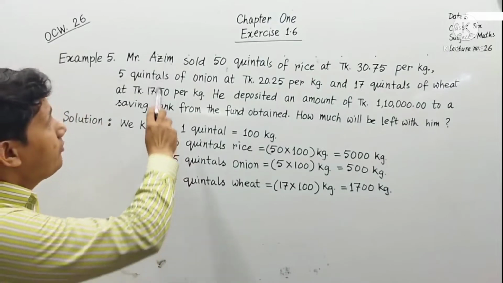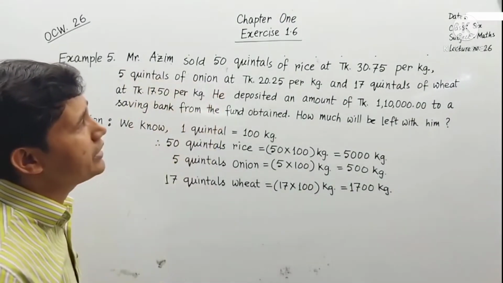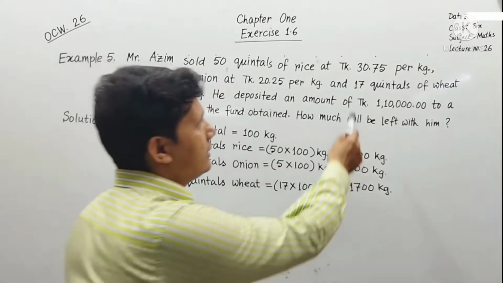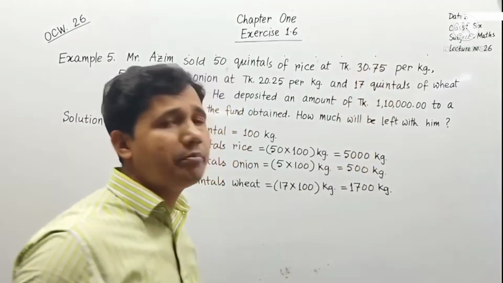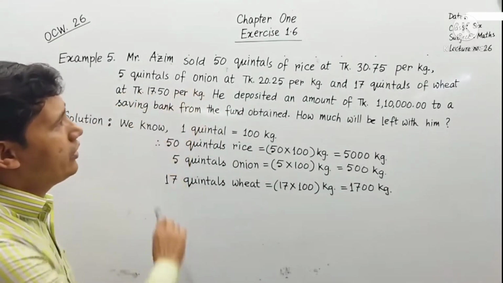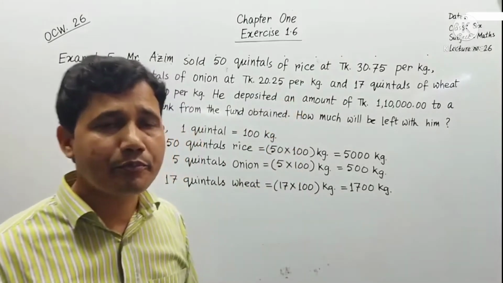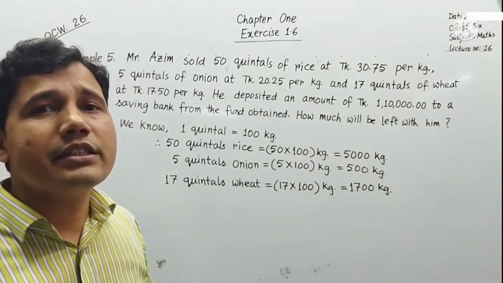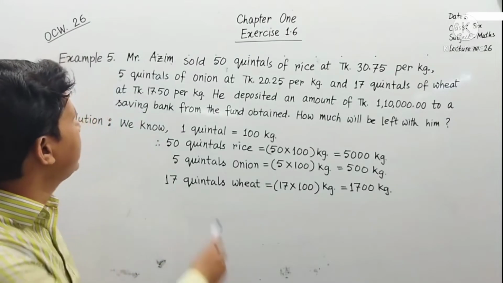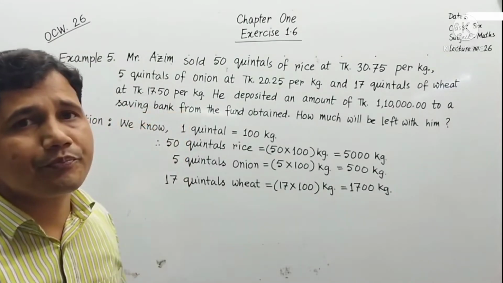Read the question with me. Mr. Azim sold 5 quintals of rice at Taka 30.75 per kg, 5 quintals of onion at Taka 20.25 per kg, and 17 quintals of wheat at Taka 17.50 per kg.